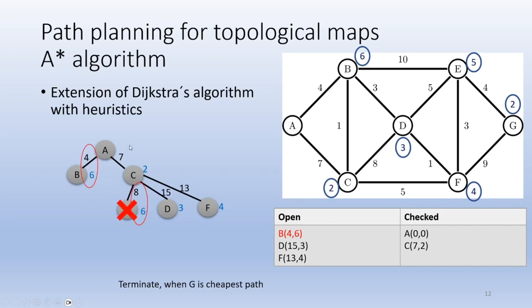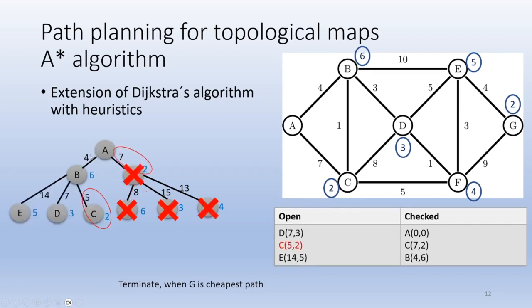All right. So now, what's the cheapest path? The cheapest path is B with 4 plus 6, which is 10. So we continue with expanding B. From B we can reach E, D, and C. C we don't count because we already visited C, so we cross it out.